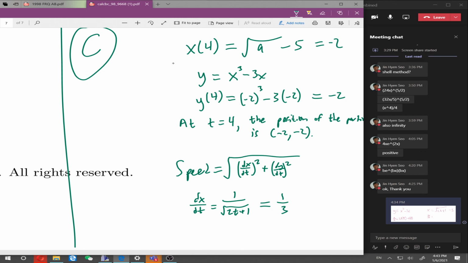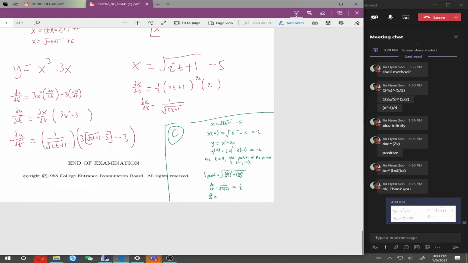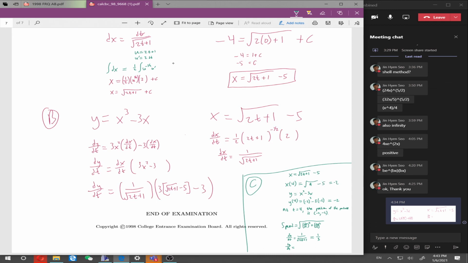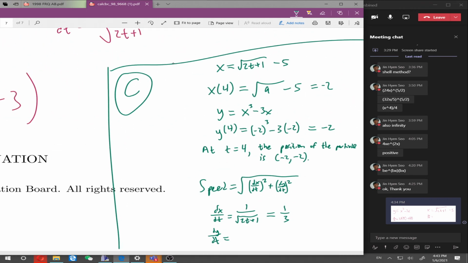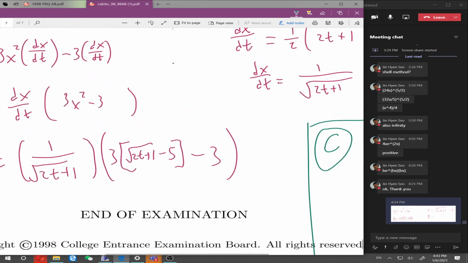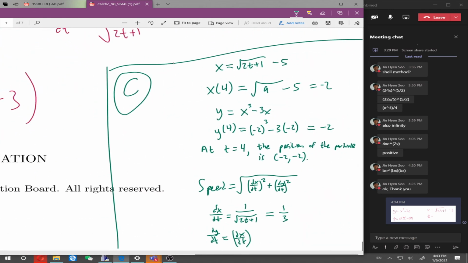Now for vertical velocity, dy over dt was equal to this equation: dx over dt times 3x squared minus 3.